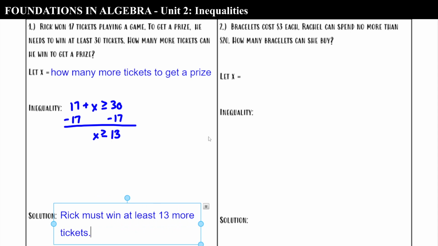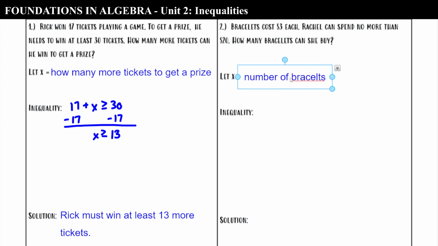All right, for number 2, bracelets cost $3 each. Rachel can spend no more than $20. How many bracelets can she buy? So let's let X be the number of bracelets that she can buy. So we're going to set up our inequality now.